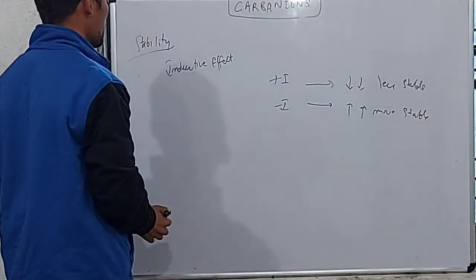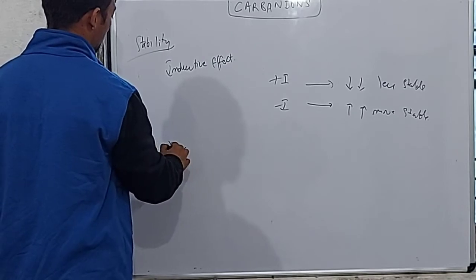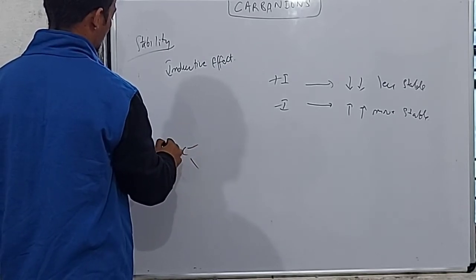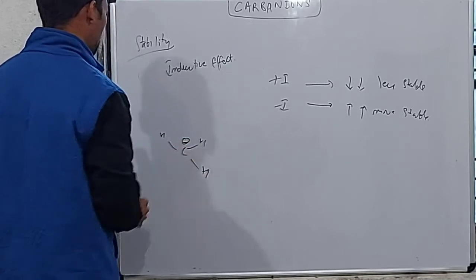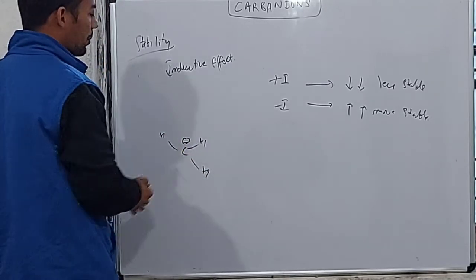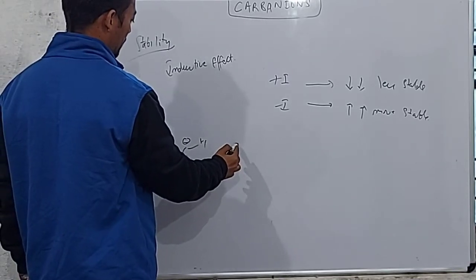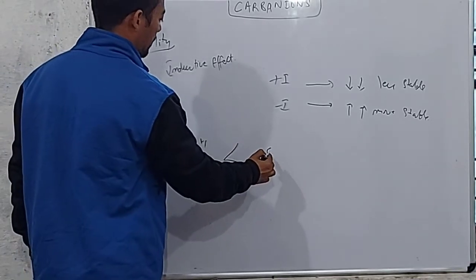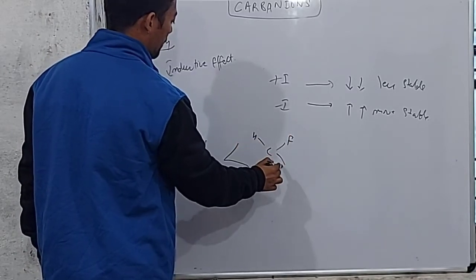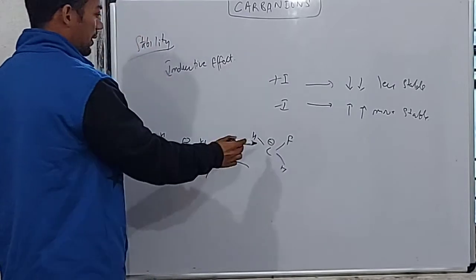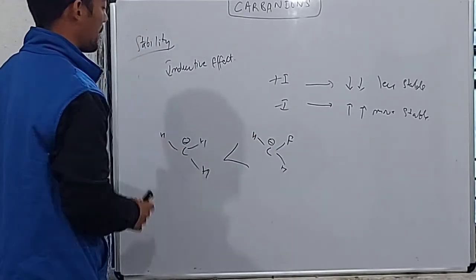Suppose, for example, we have this carbanion. This carbanion will be less stable than if we have a fluorine attached to this carbon. So this will be more stable because of the negative I effect, and this is less stable.